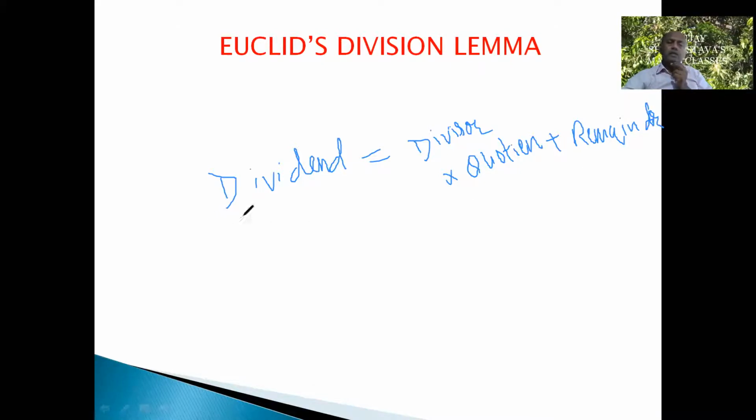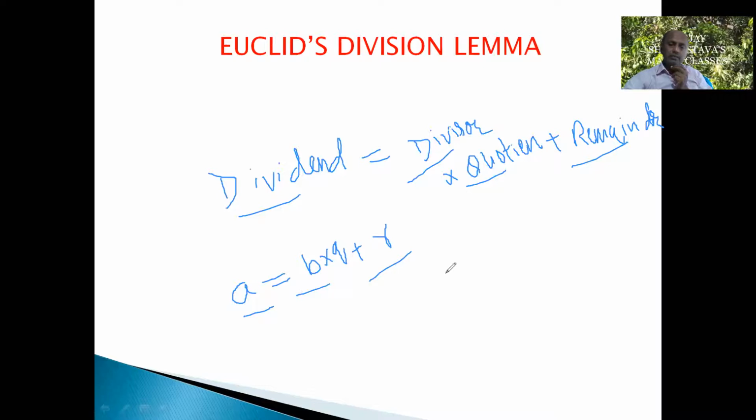So dividend is equal to divisor into quotient plus remainder, you know from your previous classes. Here in Euclid's division lemma, we will consider dividend as A. Suppose that divisor is B, quotient is Q, and remainder is R. So A is equal to BQ plus R is your Euclid's division lemma.